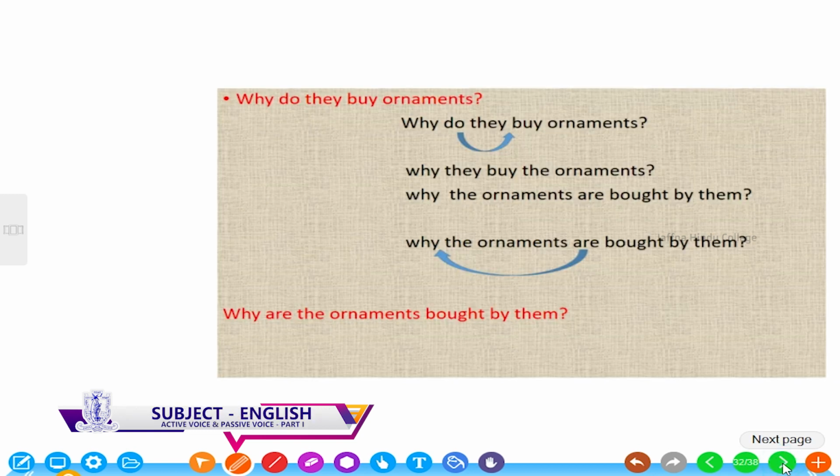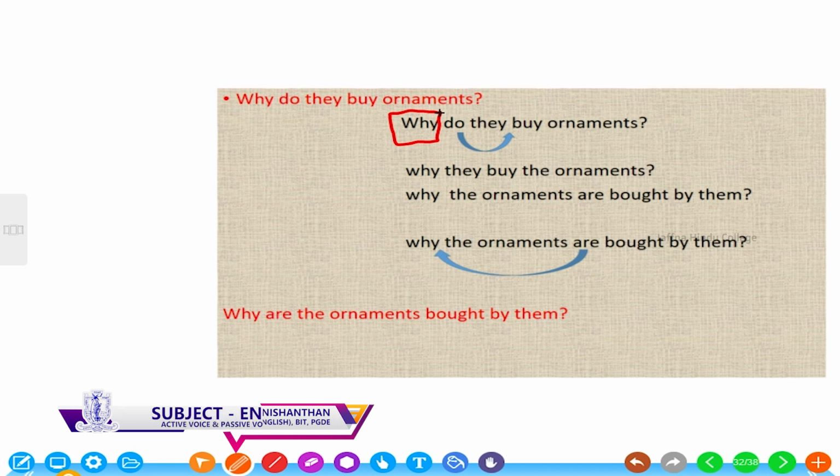Right. This is the WH question. For a WH question, as usual, change it to the statement word order, and the WH should remain at the same place. Don't change the WH to other places, it can remain at the same place, and the remaining question is changed into the statement word order.